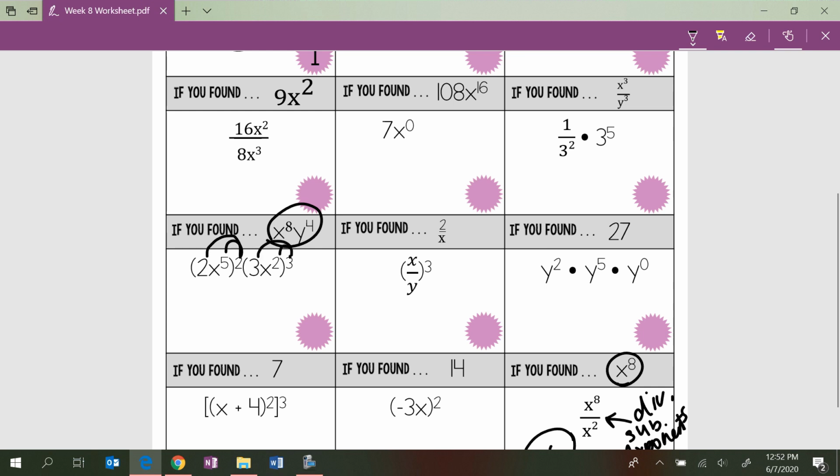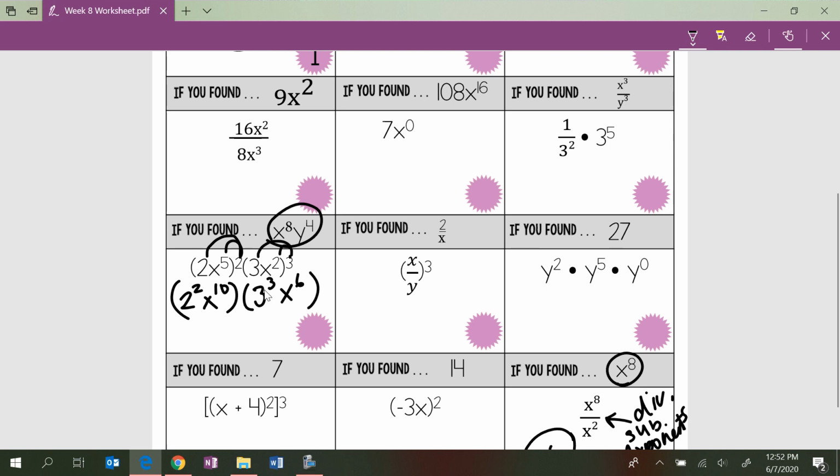So we're going to put that exponent on everything. I'm really going to end up with 2 to the 2nd, x to the 10th. I'm going to keep these in parentheses for now. And then 3 to the 3rd times x to the 6th.